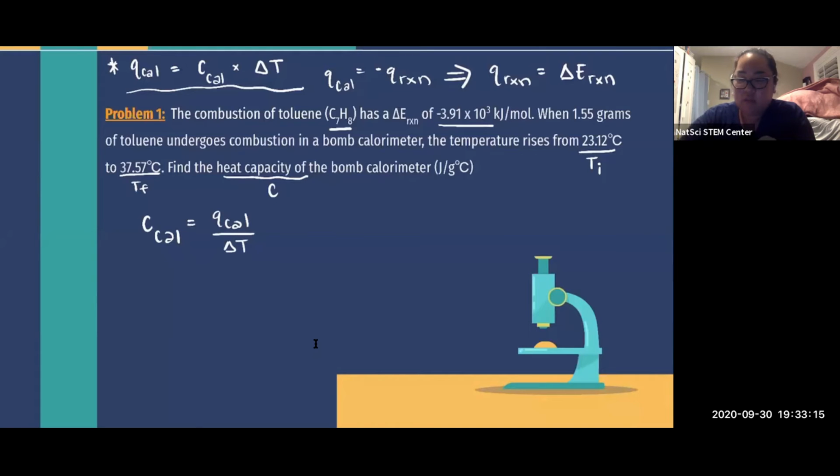If it's that, then it's equal to the change in energy of the reaction. So we can rewrite this as negative delta E of the reaction over delta T.